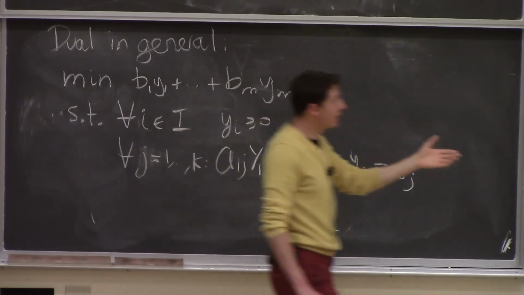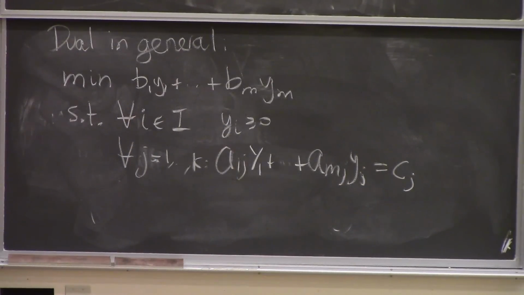But now in the general case, only some xj's are non-negative, right? Some of them could be negative, and then it's not right for me to relax equals Cj to at least Cj. So for what j's can I do that relaxation? Those in N. And for those not in N, I don't do the relaxation because I can't.